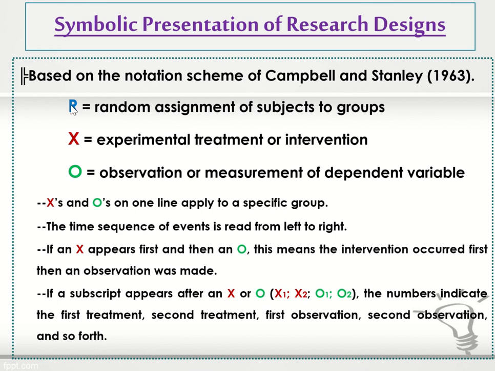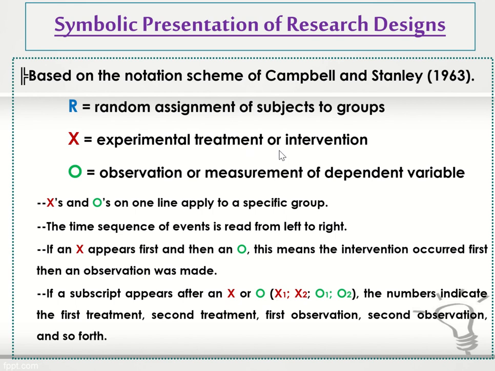Pag nakita niyo yung R na symbol, it refers to random assignment of subjects to groups. So inassign natin yung ating subjects randomly sa grupo, either experimental or control group. Next, you have the X. Pag nakita naman yung X, this is for experimental treatments or intervention.